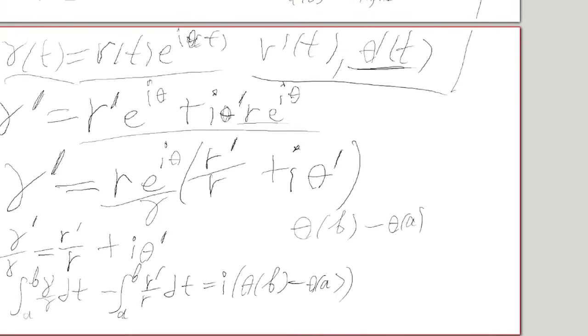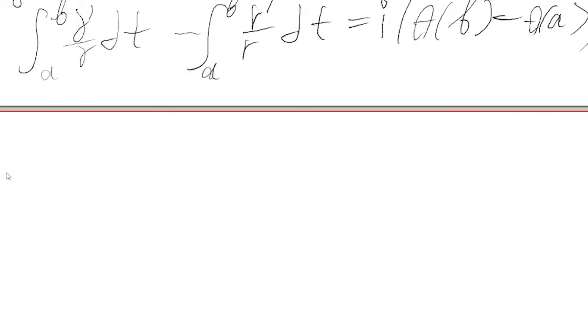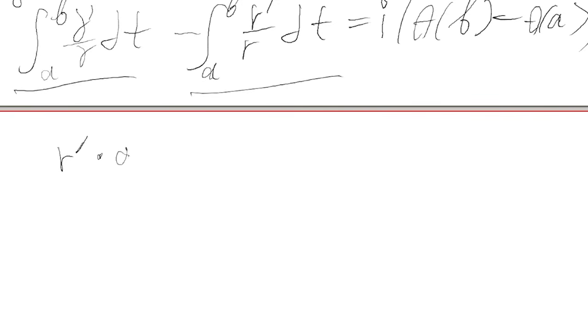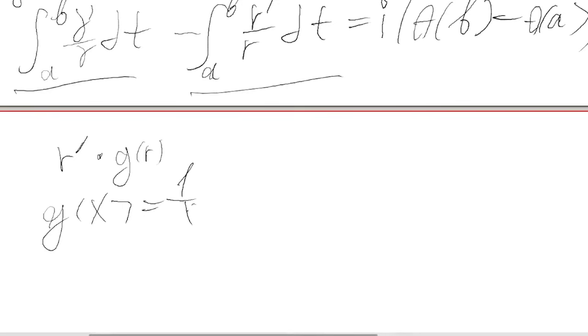So again, let's insert a new page, continue here. This integral we don't really care about because we have it in the definition. What we care about is this integral, and what we can do is essentially just say that we have r prime times g of r, and g of x is equal to 1 over x, so we can apply the reverse chain rule.